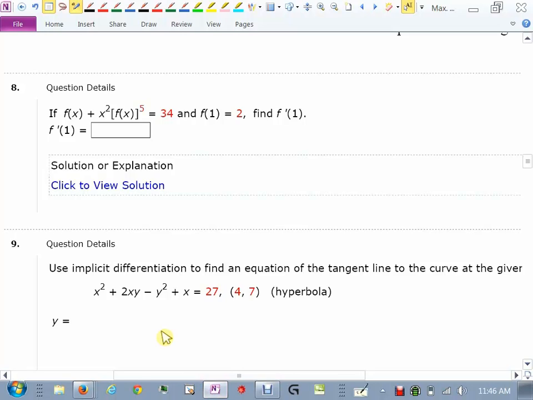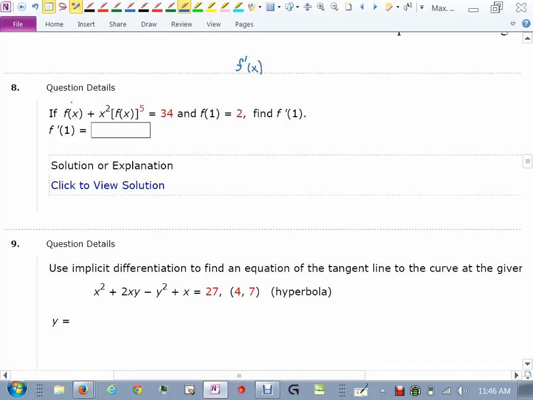All right, number 8. If f of x plus x squared and then f of x to the 5th equals 34, and they give you f of 1 equals 2 and f prime of 1 equals, find f prime of 1. What we're going to need to do is first find, what is f prime of x. Basically, everything you see here, all the f of x are really like y's.